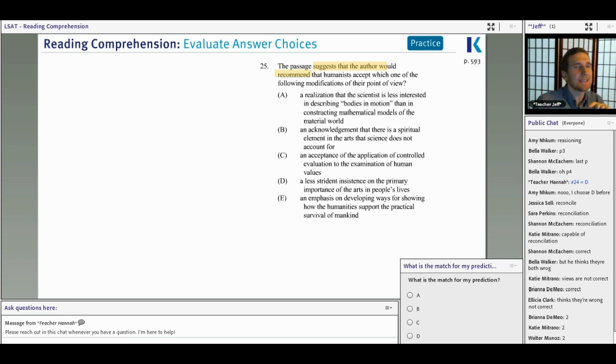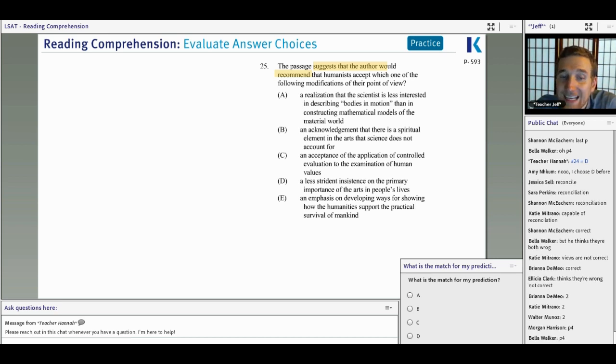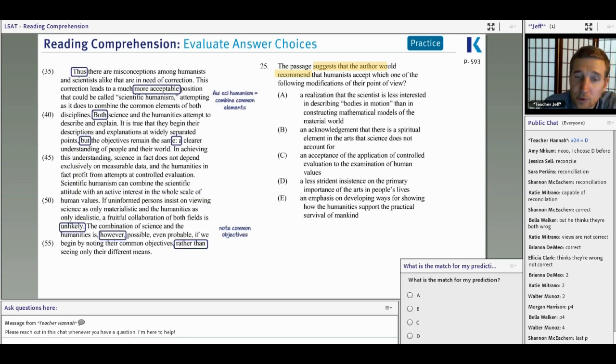Notice it says, the author recommends that humanists accept which of the following modifications. In paragraph 2, the author calls the humanist absurd and ignorant, and so on and so forth. But where does the author suggest they do something different? Yeah, that's going to be in paragraph 4. So paragraph 4 is where you should be researching for this.